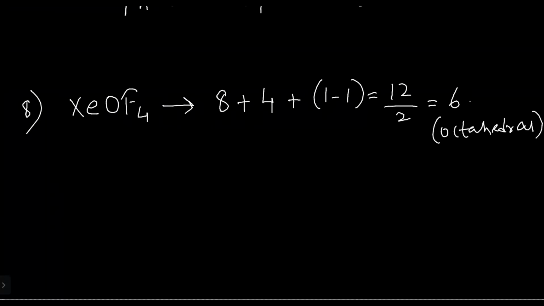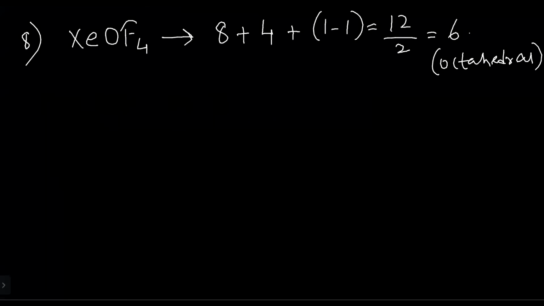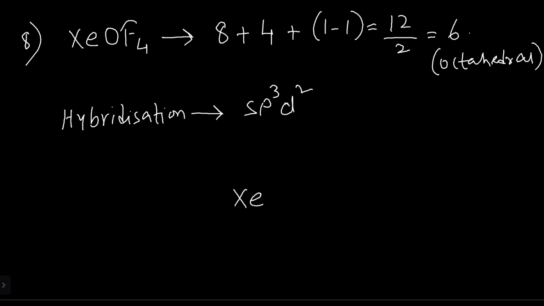Okay, so for an octahedral molecule, what is the hybridization? The hybridization is, you all know this, sp3d2. Okay, and the molecule actually looks like this.